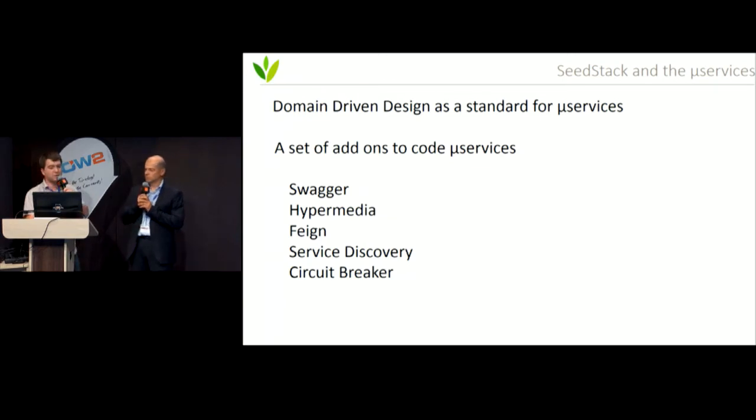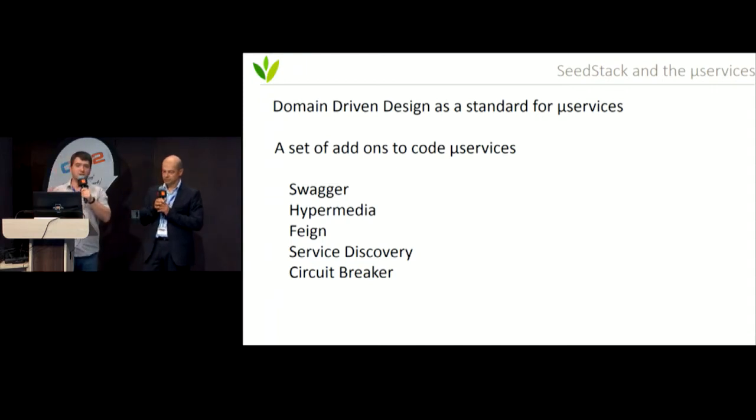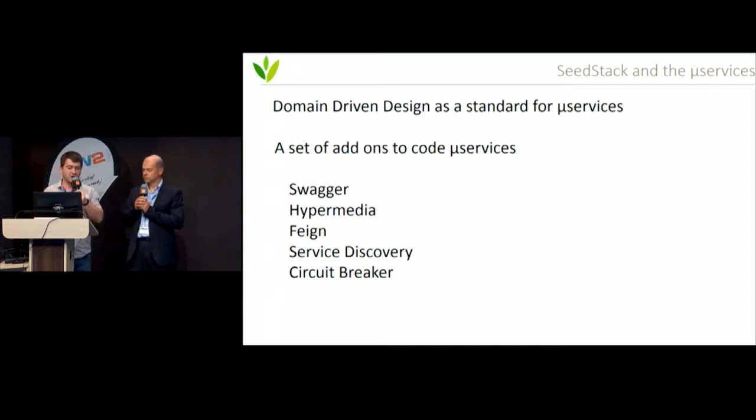You can see that we have a lot of add-ons, and we are shifting to microservices applications at PSA and in SeedStack, because we think it's a better architecture for future applications. So we are focusing a lot on this and providing add-ons to create such architecture.